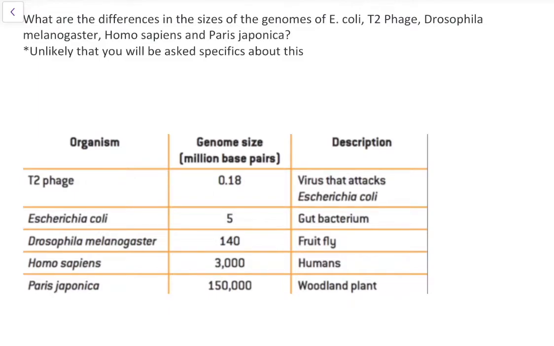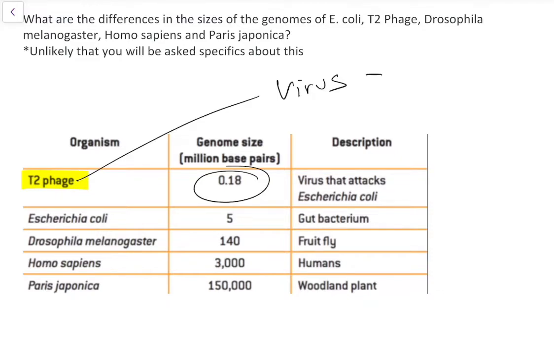But we can see here for phage, this is a virus. Viruses have very small genomes in comparison. So 0.18 million base pairs, so that's about 180,000 base pairs of DNA. Whereas E. coli has 5 million.